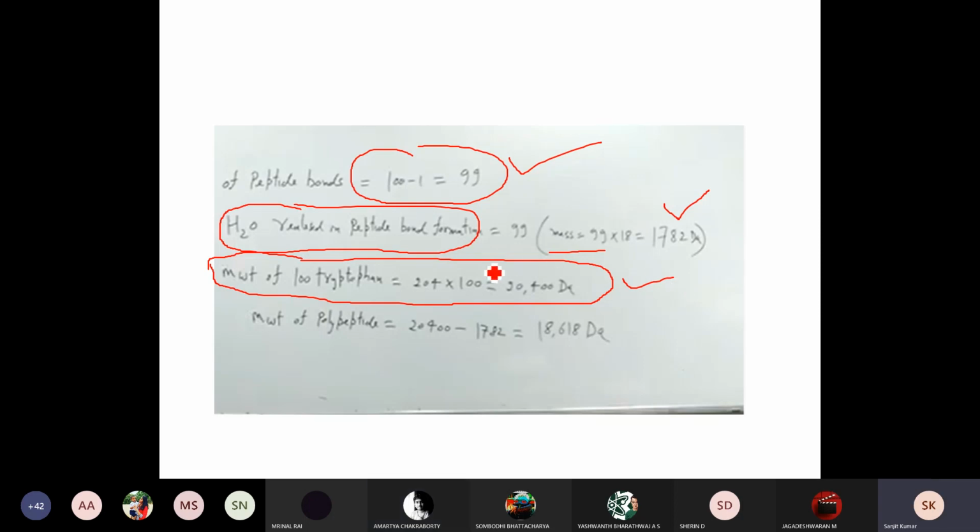So the molecular weight of the peptide will be 20400 minus 1782.